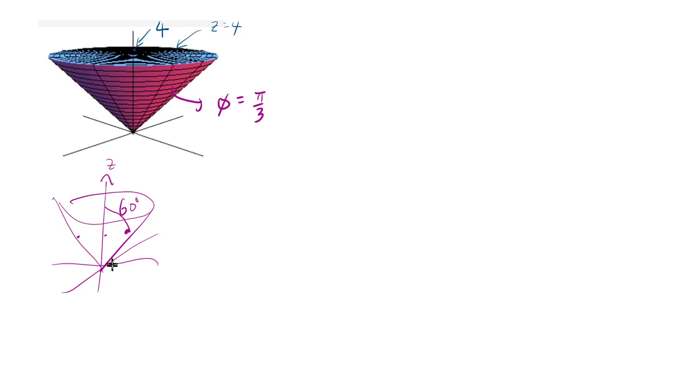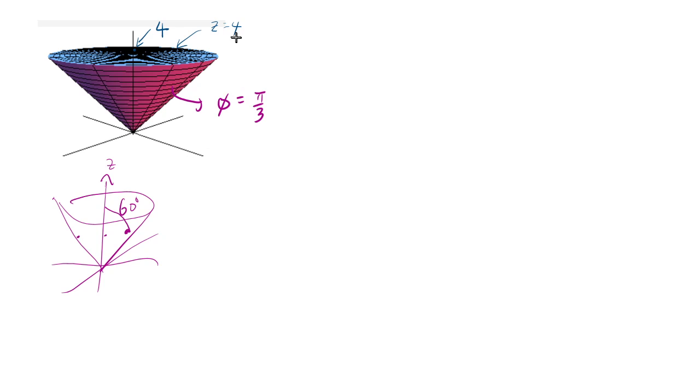Yeah, from the z-axis. So indeed, if you collect all the points that have phi equal to pi over 3, you're going to get this cone. And that's why you get this equation, phi equals pi over 3.